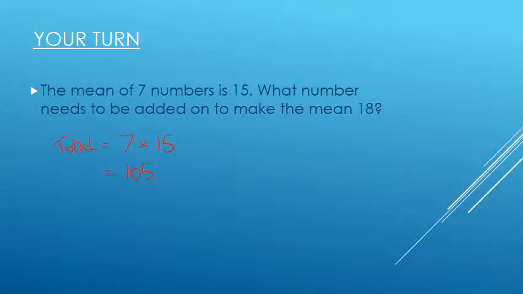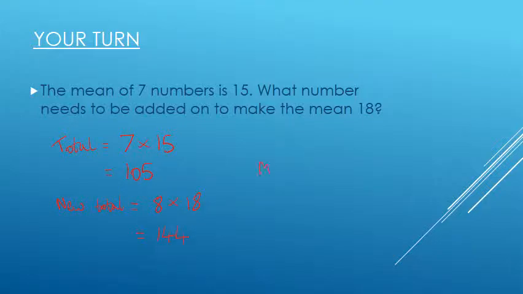What number needs to be added to make the mean 18? So our new total, we're going to have 8 numbers now if we're adding in another number, and we're going to times that by 18 because our new mean is 18. 8 times 10, 80, 8 times 8, 64. Add them together, you get 144.